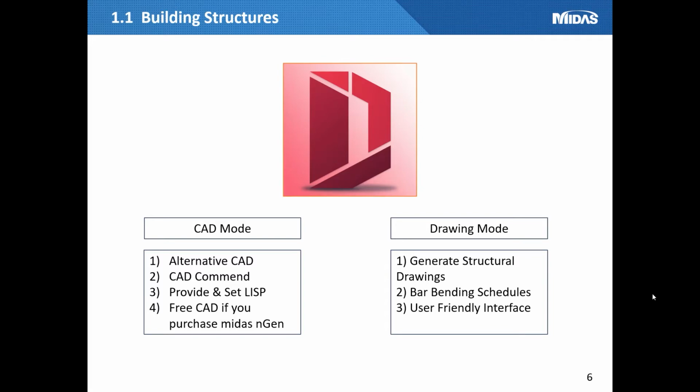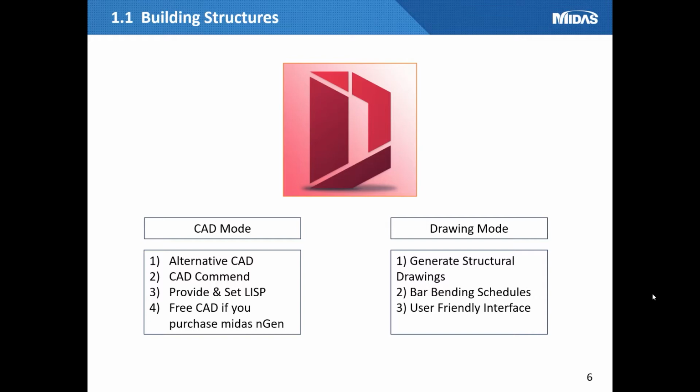I will explain the function of MIDAS drawing, which has two separate modes. The CAD mode can be used as an alternative CAD like AutoCAD. It is possible to set CAD commands as user-defined, and it provides basic lists and even settings.